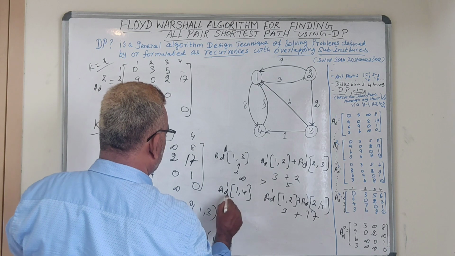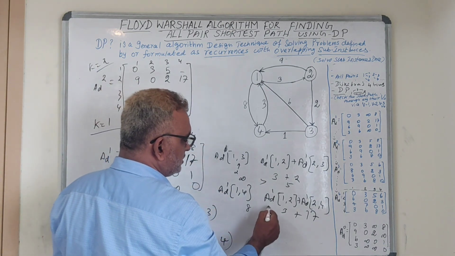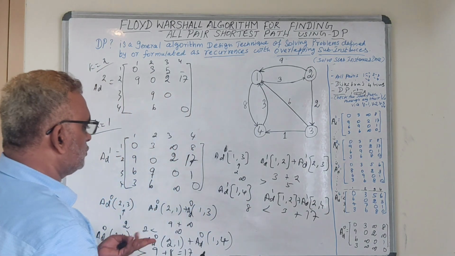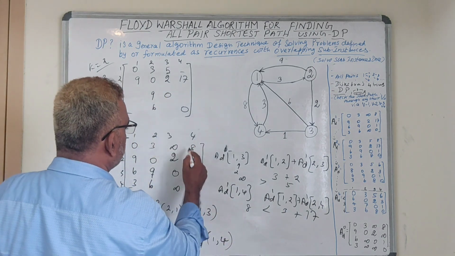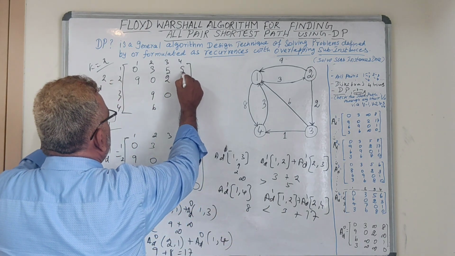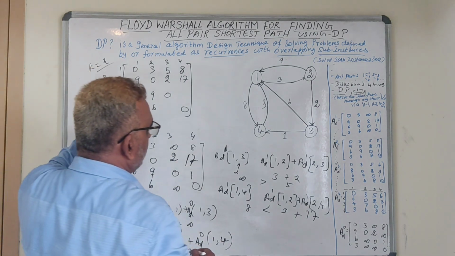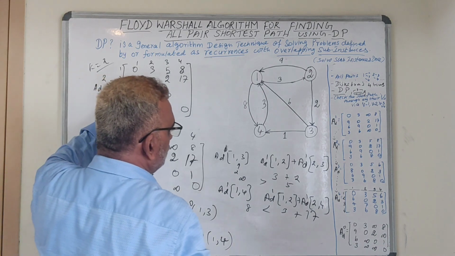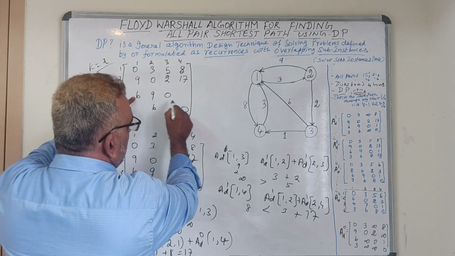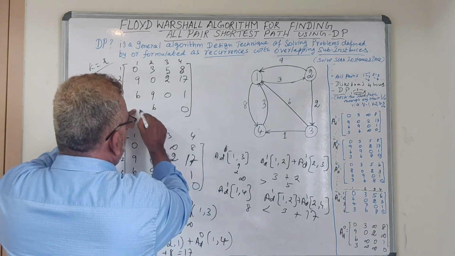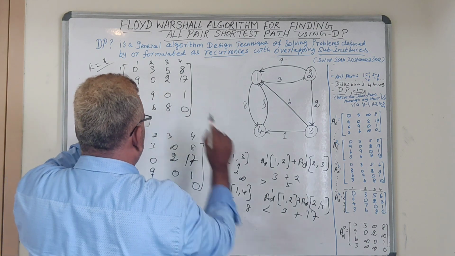Then what is the value of 1,4? 1,4 is 8. So now the calculated value is greater than the existing value. That being the case, there is no need to replace the value; the same value is sustained there. You have to write the same value. Similarly, the other values for this AD2 are: the third row is 6, 9, 0, then 1. Similarly, the fourth row is 3, 6, 8, 0.